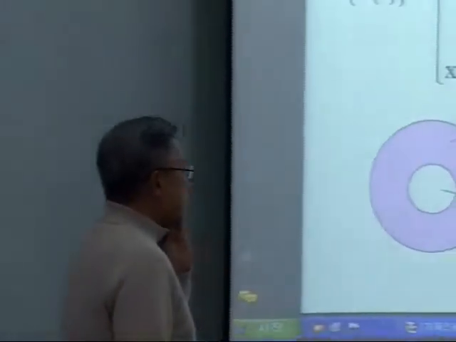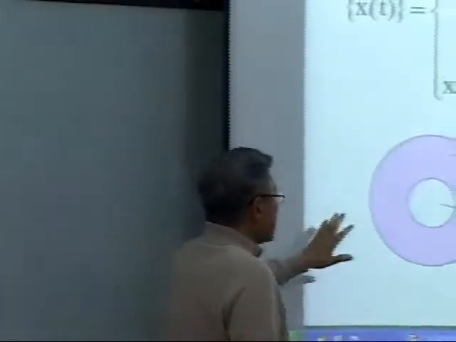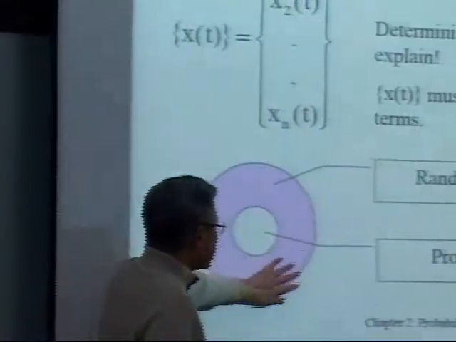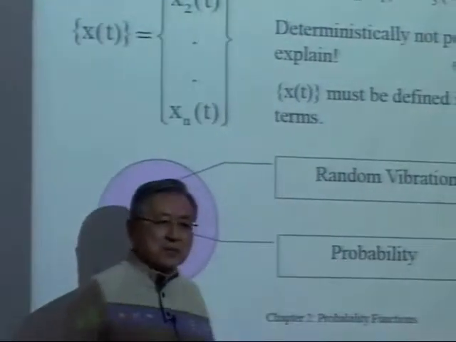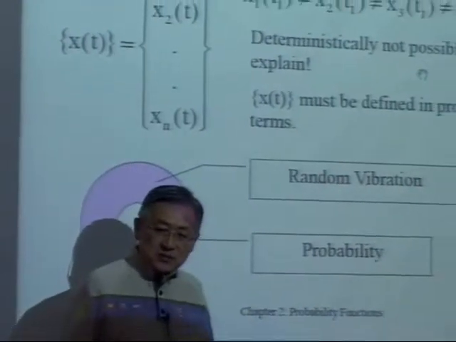And when X is an ensemble, then you must define the ensemble using probabilistic terms, not the deterministic manner. You can't really determine what to do. So if this is a whole stochastic process, the core is the probability, okay? Or statistics is really the same thing.